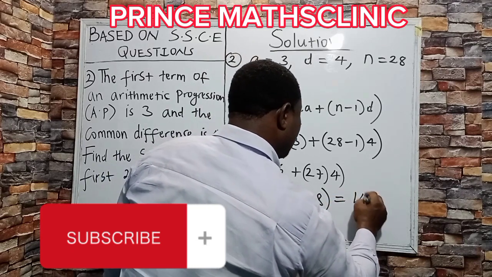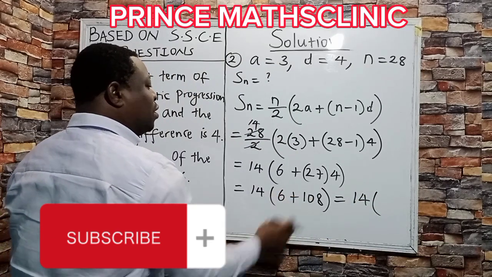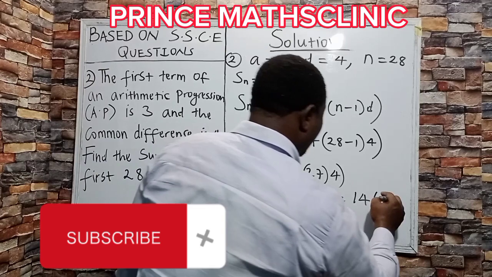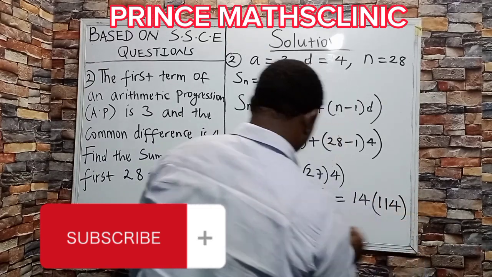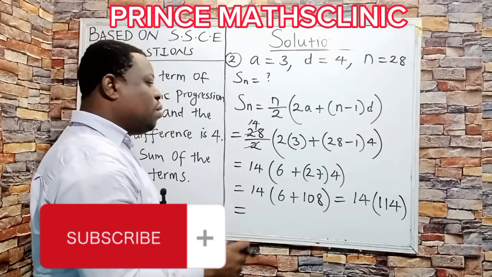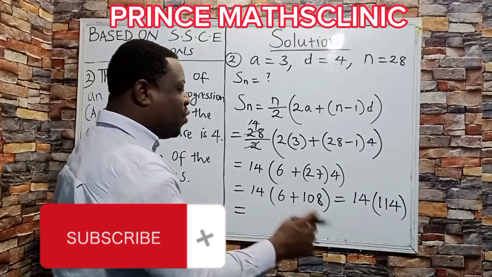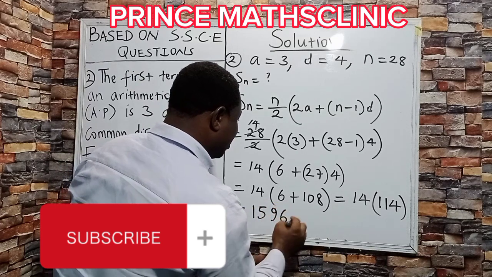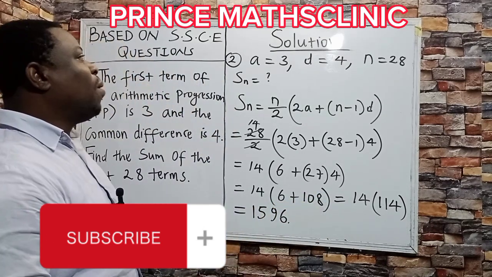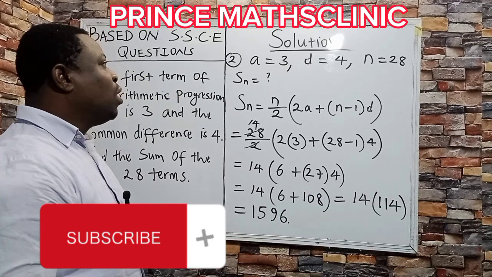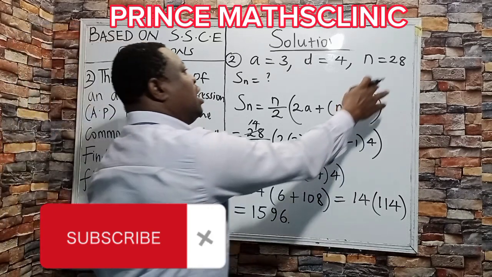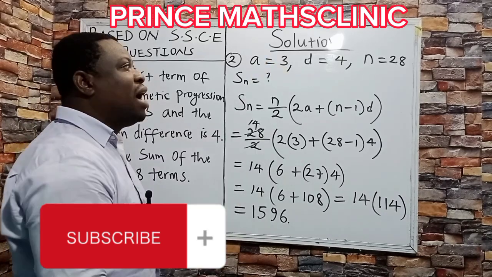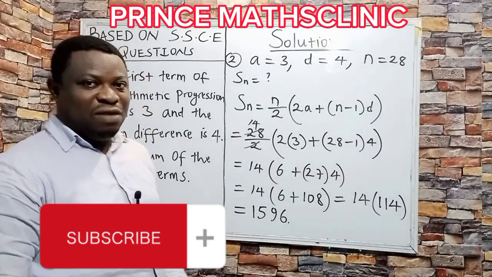Then, if you add 6 to 108, you are going to get 114. And if you multiply 114 by 14, you are going to get 1596. So this is the sum of the 28 terms of the particular AP that has 3 as the first term and 4 as the common difference.